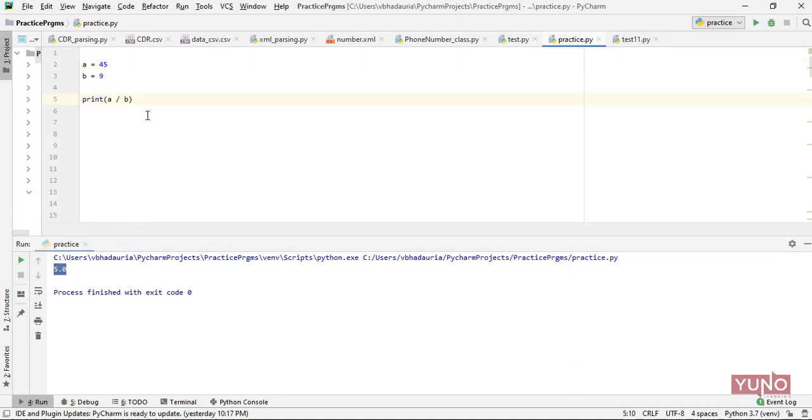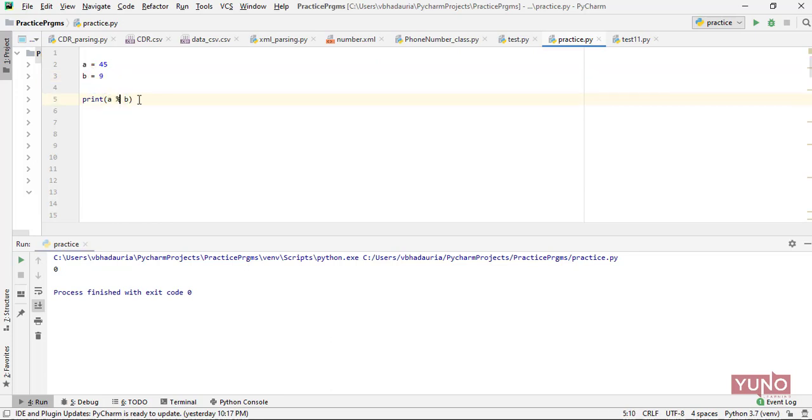Here I am not mentioning the remainder, I mean the modulus. If I mention the modulus, you can check the result here. My answer should be 0, because if 45 is fully divisible by 9, the remainder is 0. If I am talking about the modulus, I am talking about the remainder.